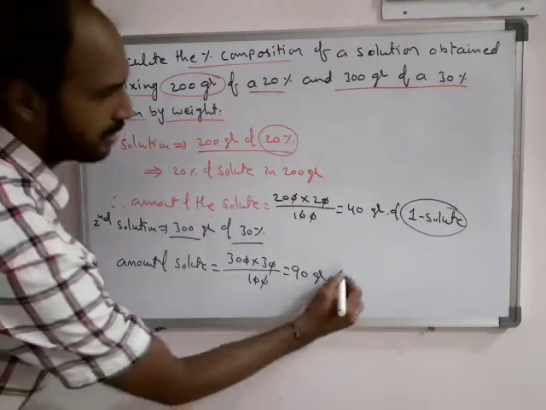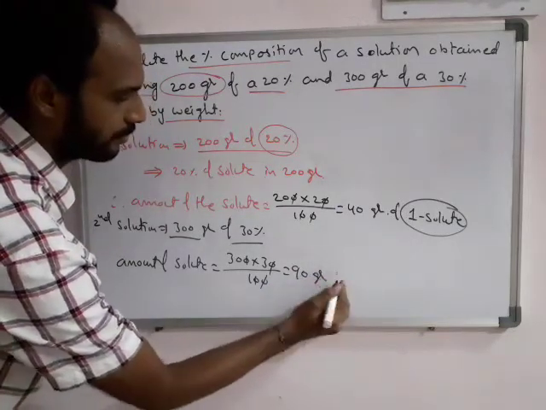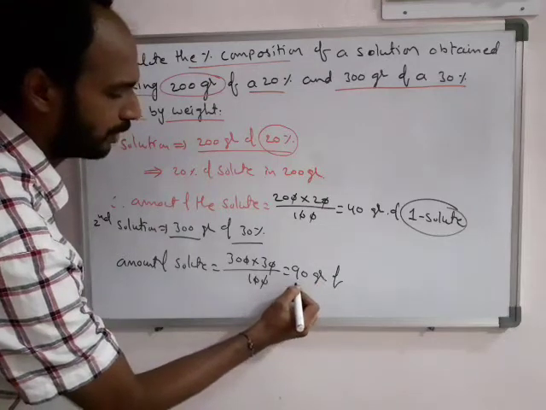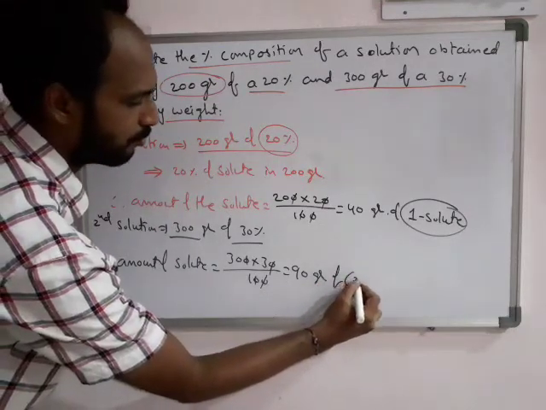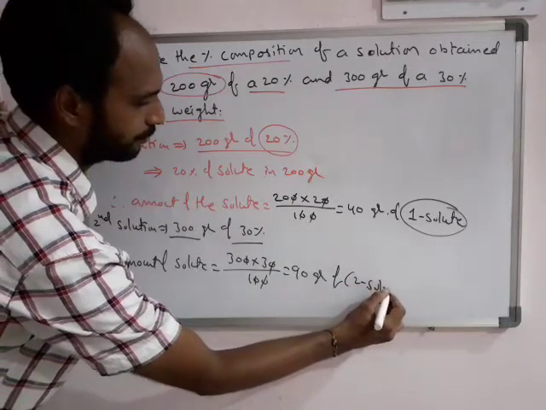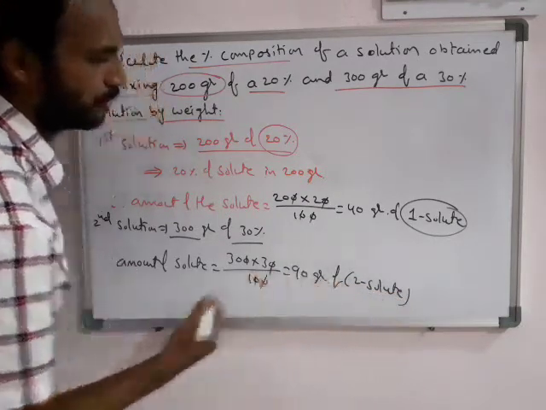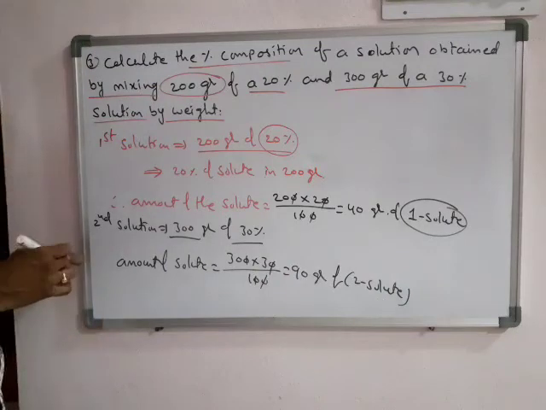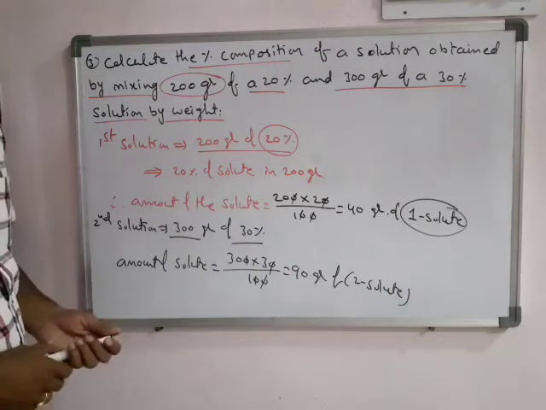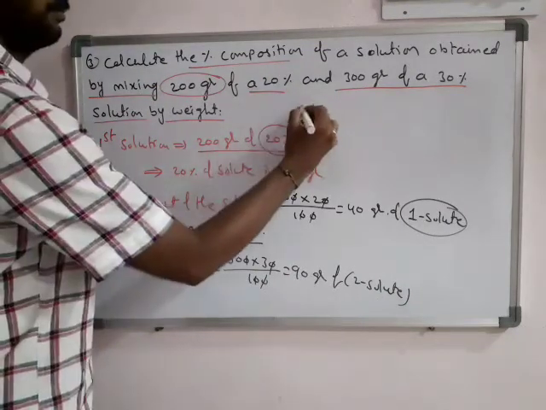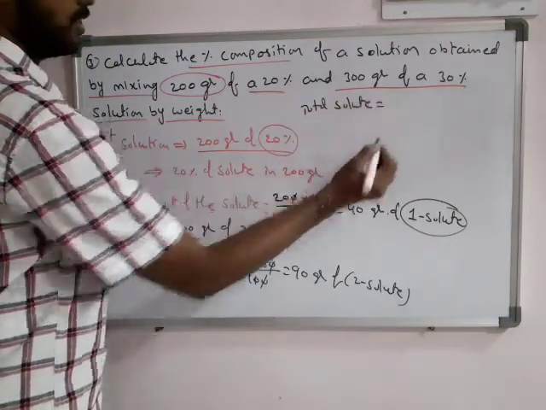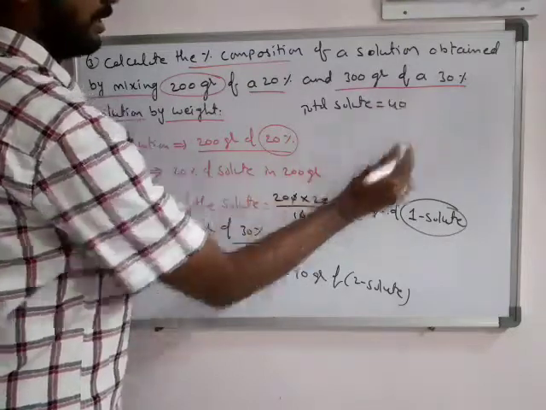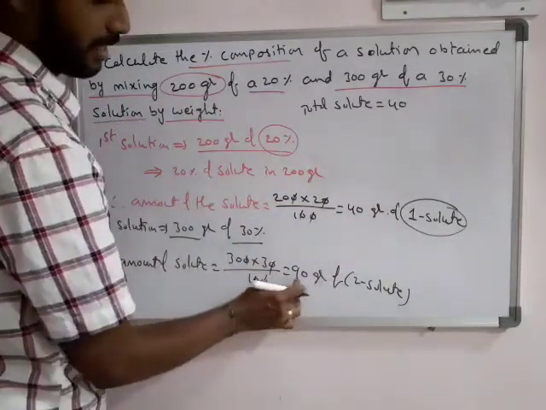Okay, so this is the solute amount of the second solution, that is 90 grams of second solute. The total solute is how much? Total solute equals 40 grams of the first one and 90 grams of the second one.